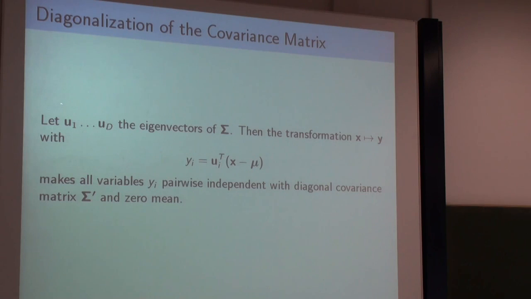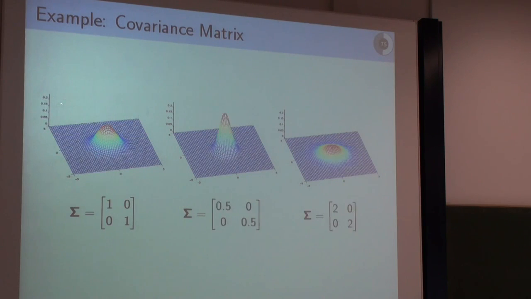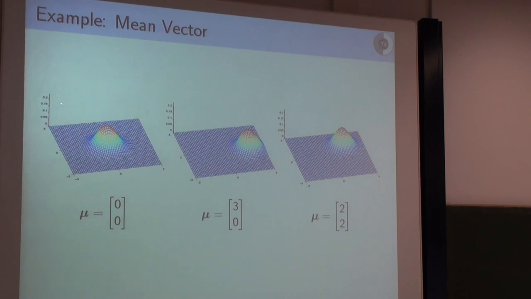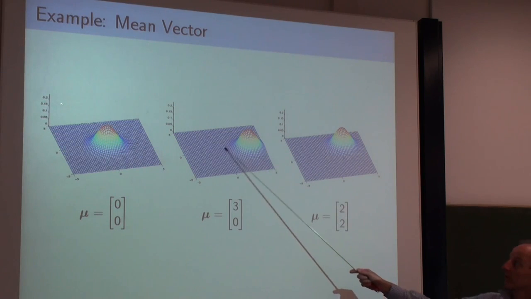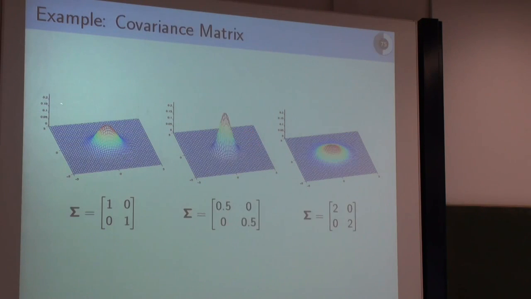So first we subtract the expected value, and that means we would just shift our distribution into the origin. That's the first step.